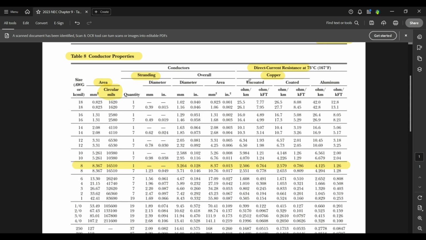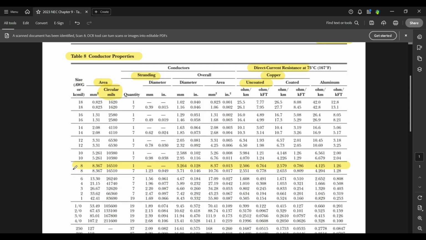Up here, you can see uncoated and coated. We primarily use uncoated out in the field. Coated is going to be a wire that has tinning or some other treatment done to the copper that would affect resistance. It's not a huge difference, but that is something to be aware of. And then here we have ohms per kilometer and ohms per kilofeet, or 1,000 feet. Here in the United States, this is what we'll use, the ohms per kilofeet.